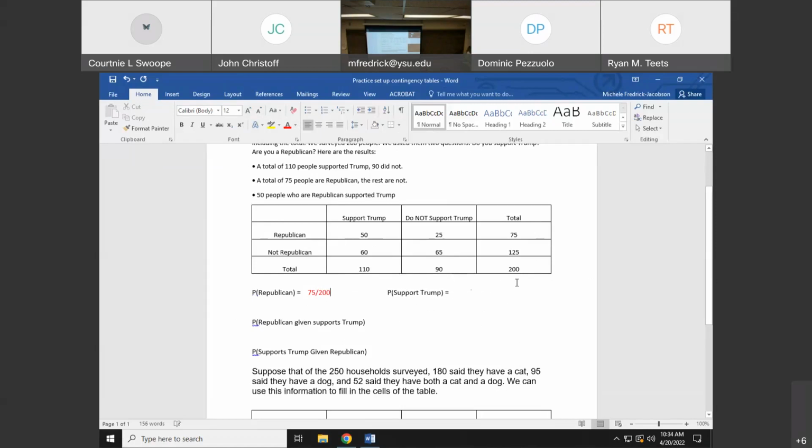What's the probability if we choose one at random, they support Trump? Yep, support Trump. If you go down, you have 110 divided by the total. Any questions on that?